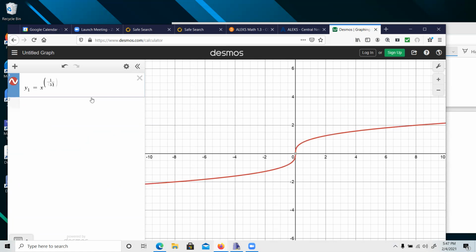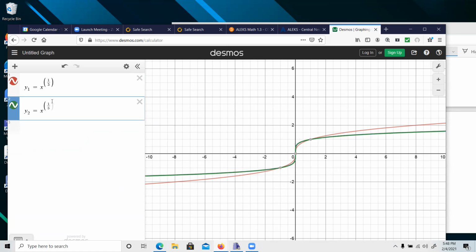When you write it as a fraction this way, it's the cube root. Let's compare it. Now let's put x to the 1/5 in here. The green one is the 1/5, the red one is the 1/3.